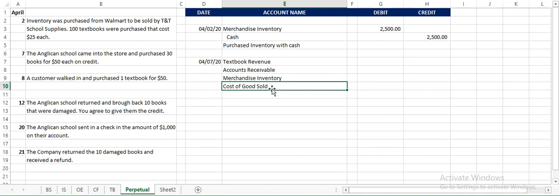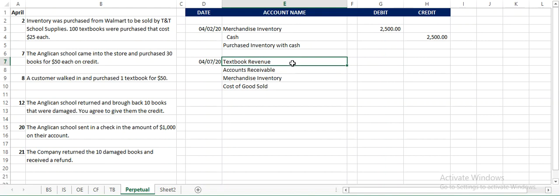Just looking at these four accounts, this is a revenue account. Accounts receivable is an asset account. Merchandise inventory is an asset account, and cost of goods sold is an expense account because it's a cost. So let's look at each of these to figure out how they are affected here.